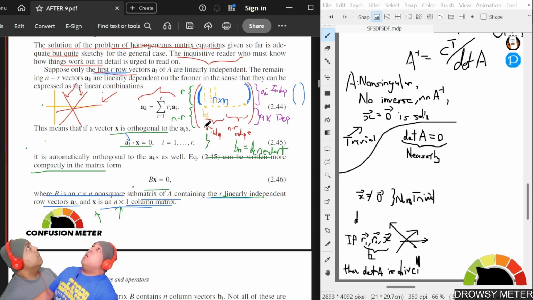We're calling Bn the dependent one and Bj the independent ones.